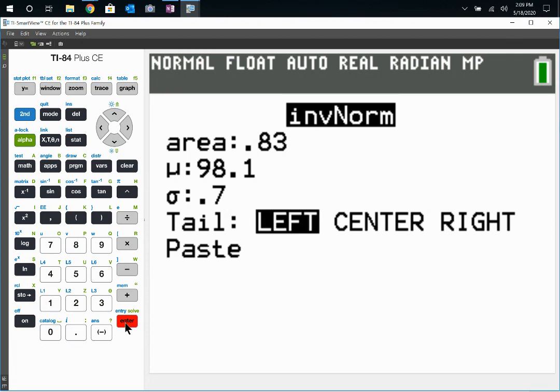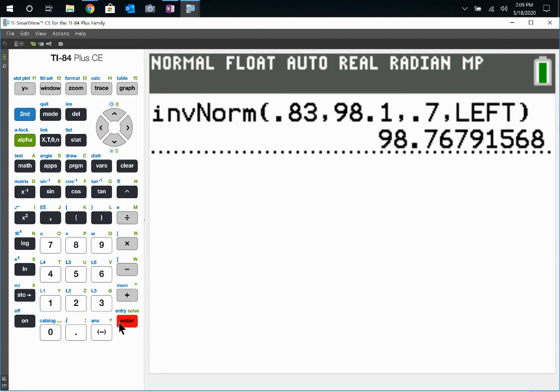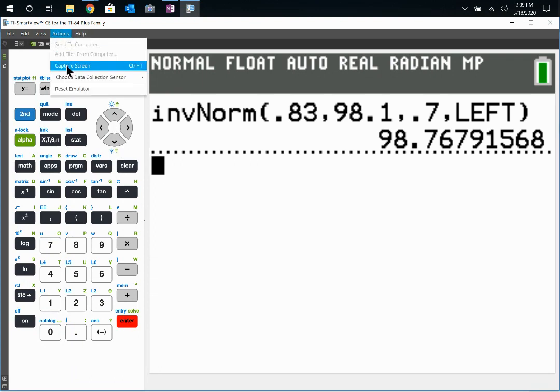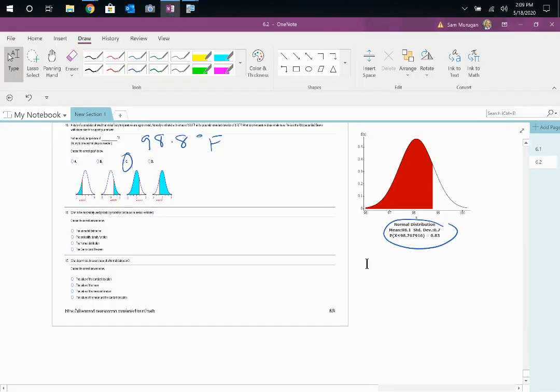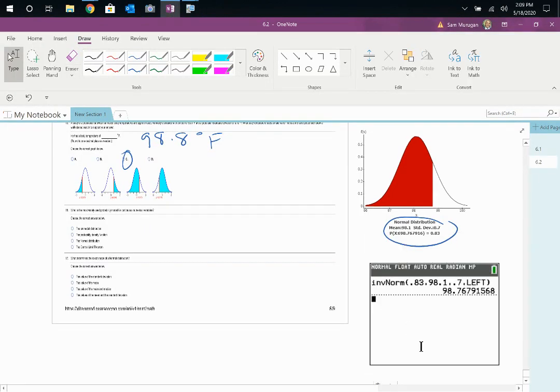Enter, enter, and you get it as 98.8. Okay.